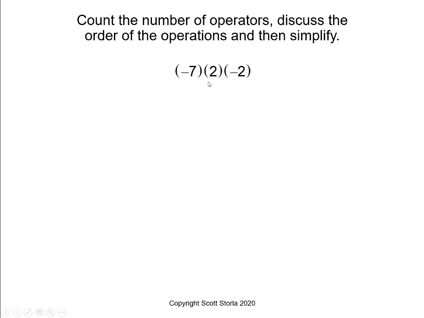I'll get a product, and then I'll multiply that product by negative 2. When I multiply the first two, 7 and 2 is 14. The signs are different, therefore it's a negative 14. Next, I multiply 14 and 2 and get 28. This time the signs are the same, so I get positive 28.